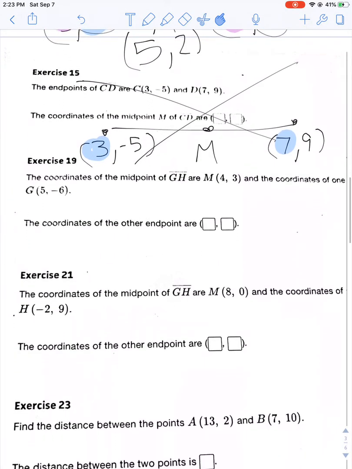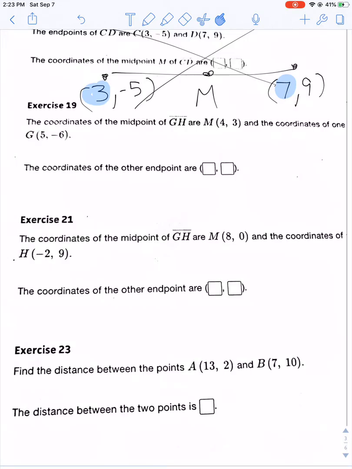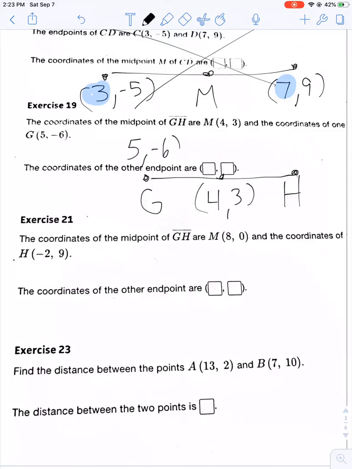All right, moving on. So it says the coordinates of the midpoint of GH. So I've got some line segment GH. And the midpoint is 4, 3. So the middle is 4, 3. It tells us that this is 5, -6.